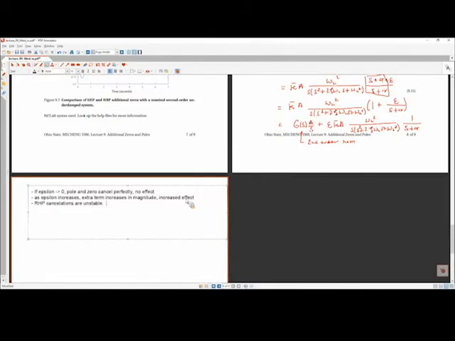So basically, all TFs are models, not the real behavior. Therefore, you never have perfect certainty of pole and zero locations. So it's actually impossible to cancel those out.